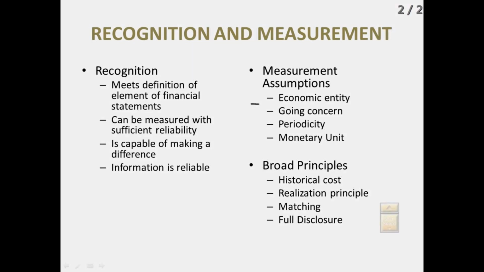It's not truth. This is how we've decided to do it. We have what's called the economic entity assumption, which says a firm is an entity unto itself, entirely separate from its owners. The owners contribute, and in exchange they get common stock. And that is the extent to which we have the owner's value showing up on our financial statements. The additional assets of the owners are not part of the firm.